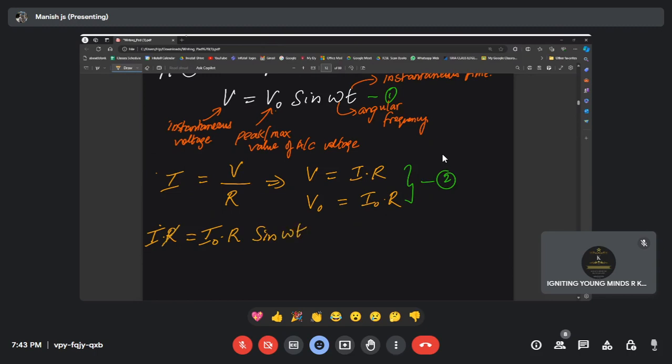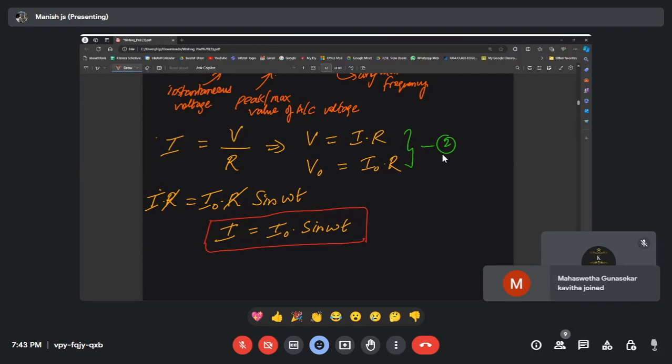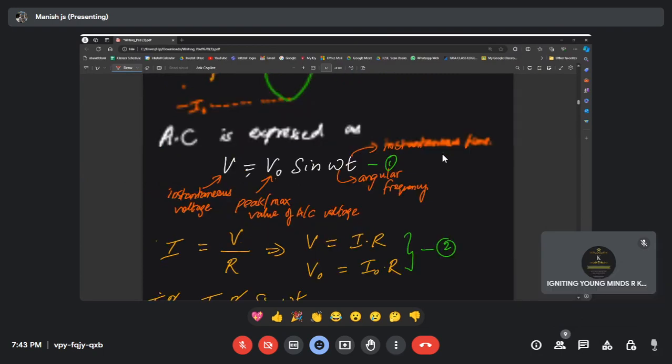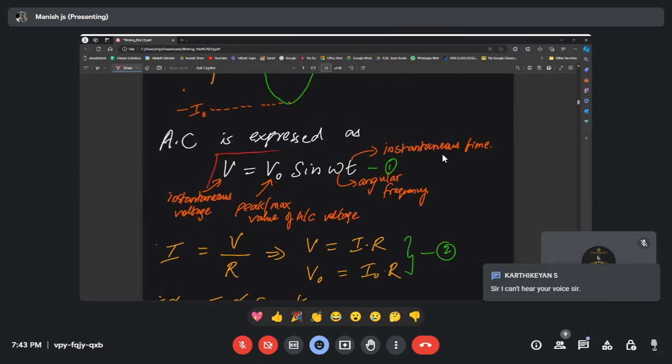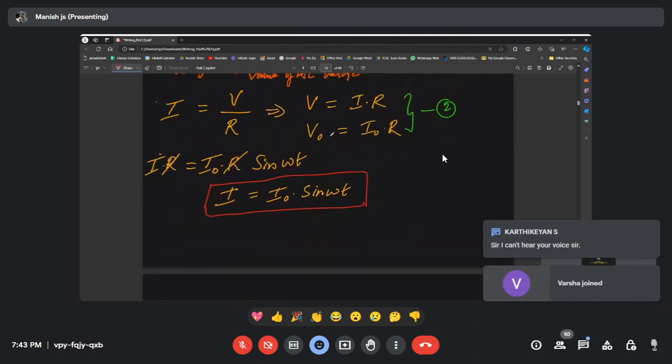So you can see the R terms will get cancelled off, and finally you can write I is equal to I naught sine omega t. Simple. So this is how you can write the expression for the alternating current in terms of the current. These are the two major expressions that you will have to understand and keep in mind: alternating voltage, how to write it, and alternating current, how to express it.